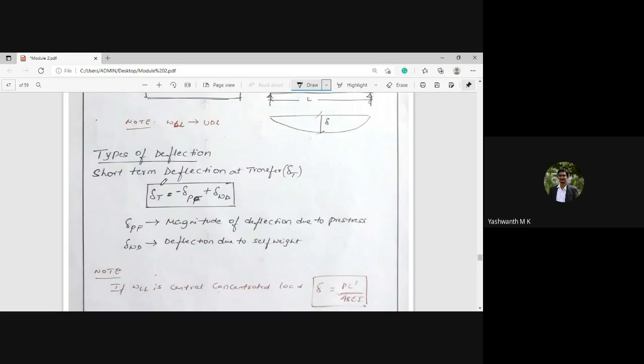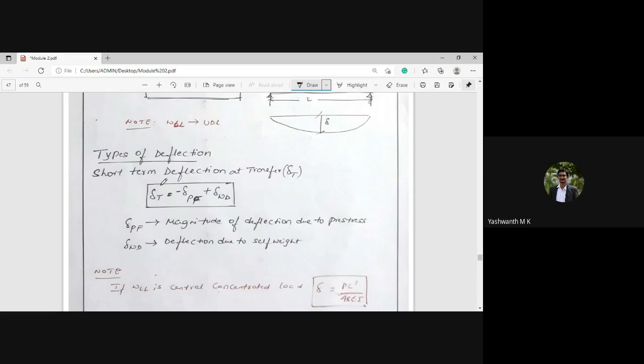And mainly I'm going to teach you uncracked structural PSC members only. That means I'm going to calculate the short-term deflection and also the long-term deflection for an uncracked structural PSC member.